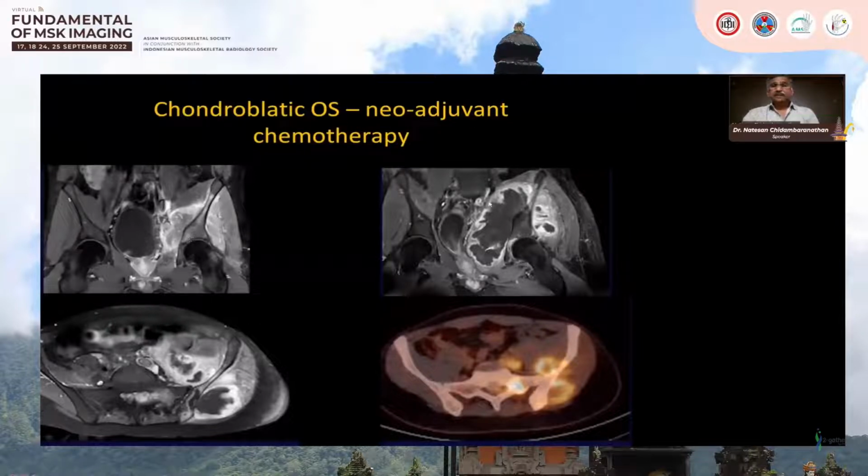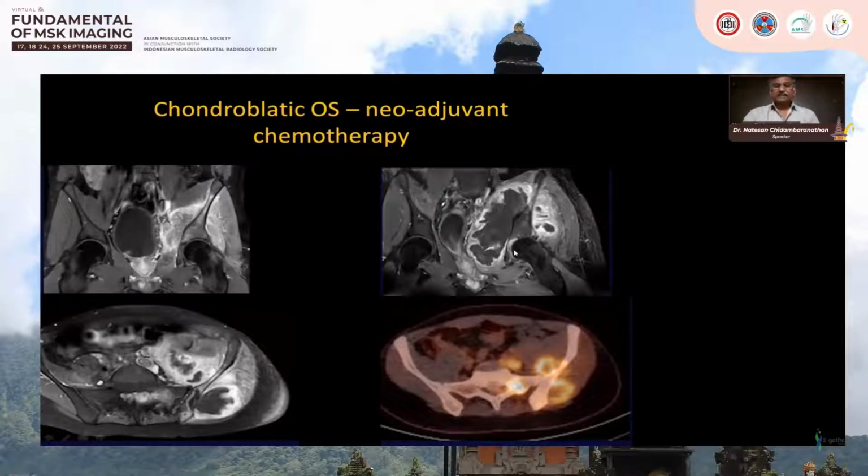The patient has a large lesion in the iliac bone with dense and lytic areas, a low density area, and a peripherally enhancing lesion. Often it can look like a recurrence or maybe post-treatment changes. In this case, with neoadjuvant therapy, there was a lot of necrosis with peripheral enhancing areas.